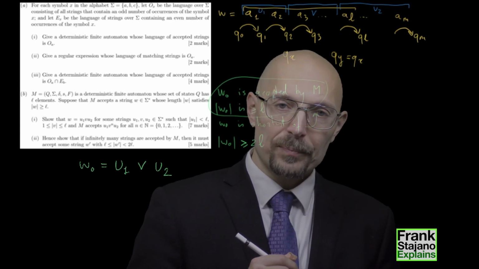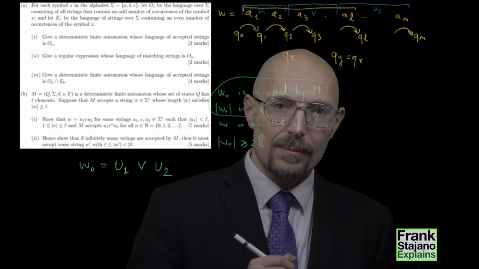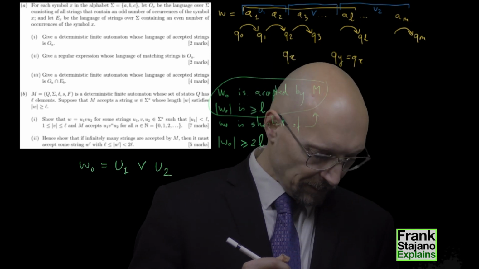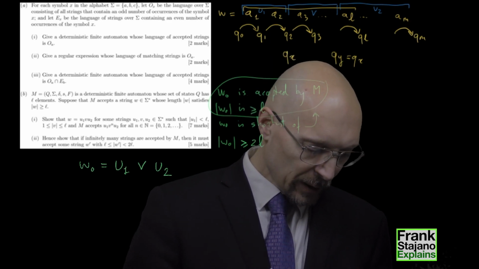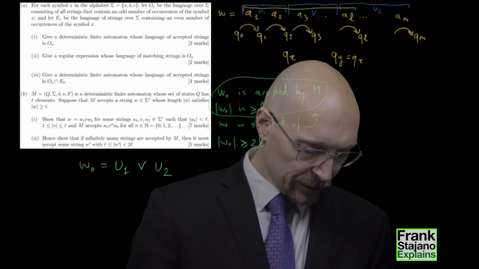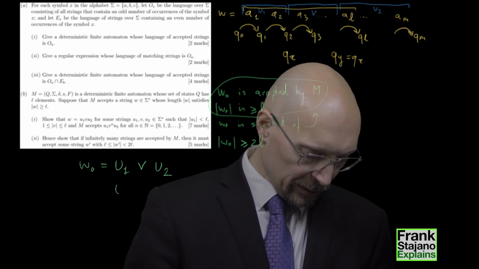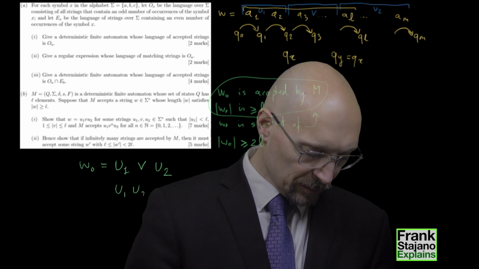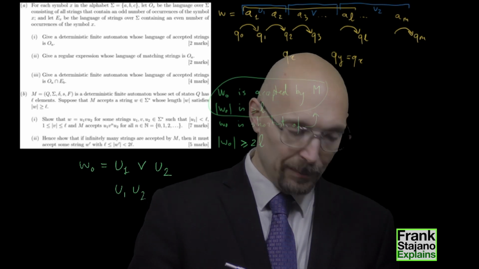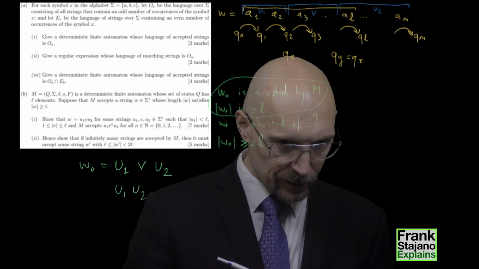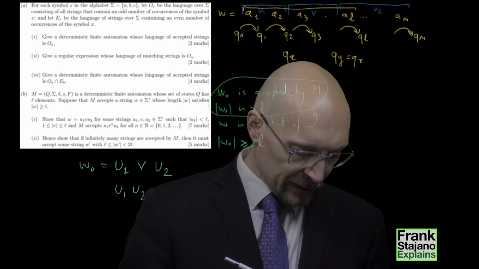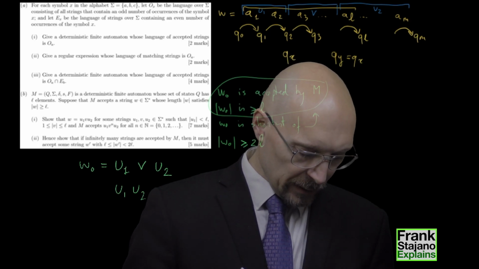And it must be the case that U1 V to the 0 U2, which is U1 U2, is accepted by M by construction. So now what's the length of this U1 U2?